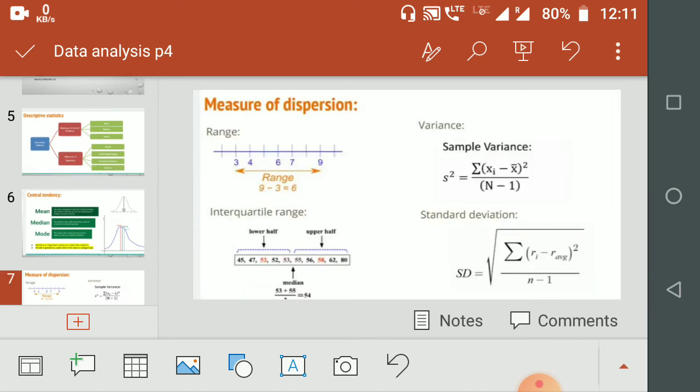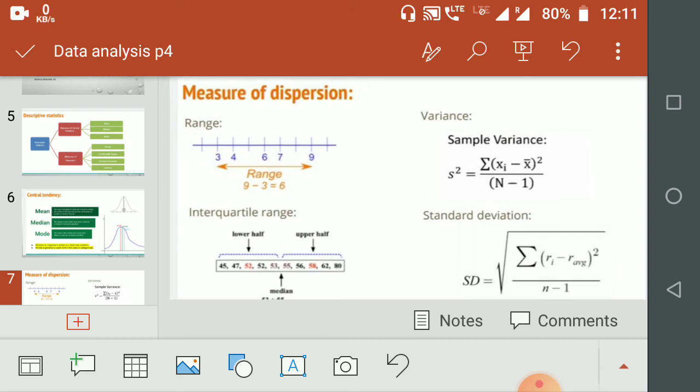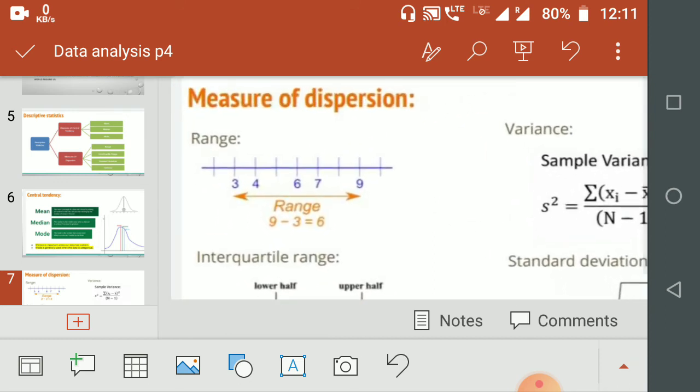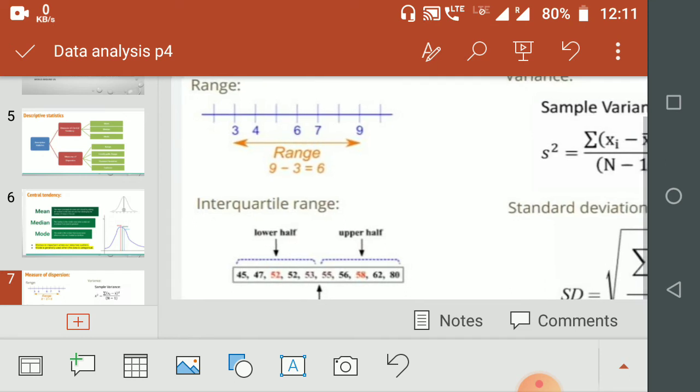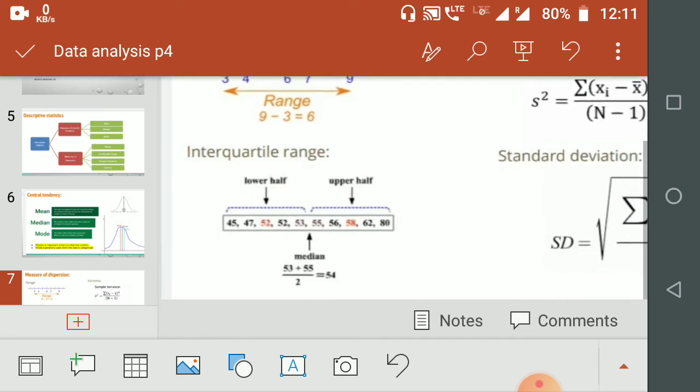Then measures of dispersion. The range is the distance between the lowest and uppermost limit of the given set of sample. Here we can see 9 minus 3 is equal to 6. That is the range of the data sample. Then the interquartile range.